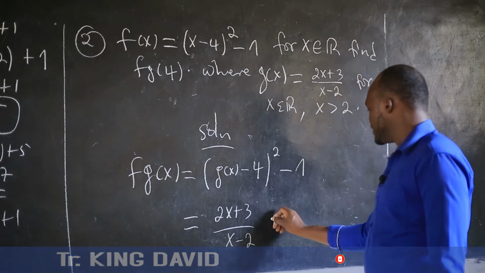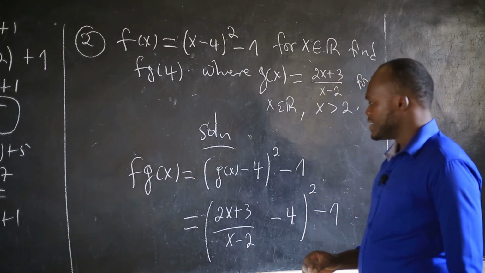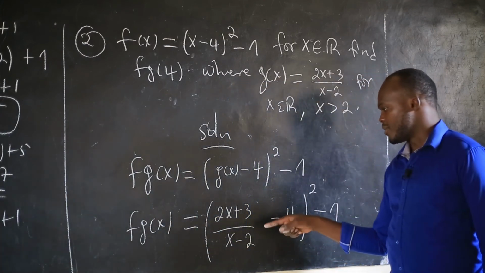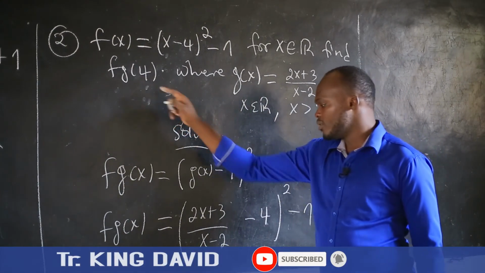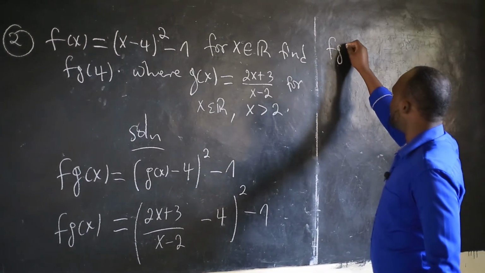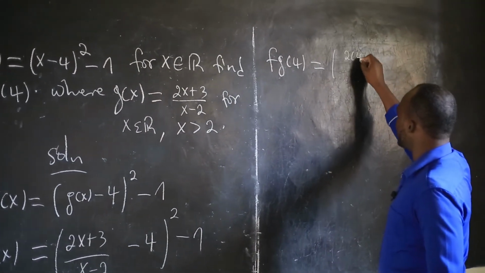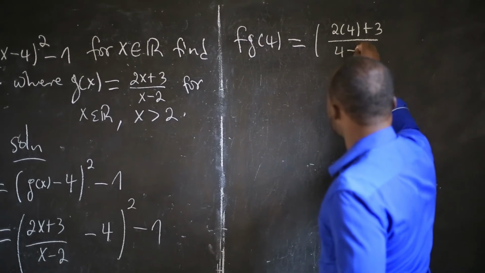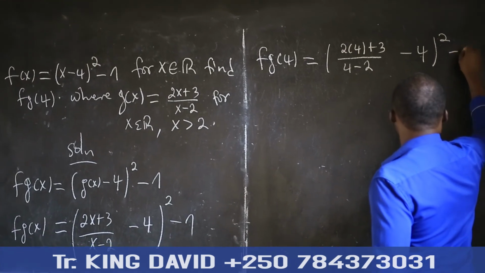That is g of x. Then minus 4 into bracket squared minus 1. So this is fg of x. So we're just remaining to find the LCM and make it as one fraction. But since they're asking only fg of 4, immediately we can do fg of 4, which is into bracket 2 times 4 plus 3 divided by 4 minus 2, then minus 4 squared, then minus 1.